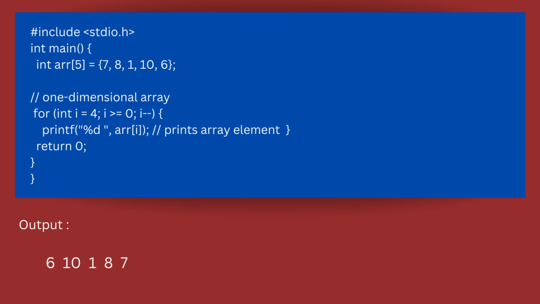Why? Because the first time it prints, it prints array of 4. That means array of 4 is, counting 0, 1, 2, 3, and 4, 6 is the fourth element. As it executes, it then decrements i, that means 3. Then again it checks the condition, 3 is greater than 0, it returns true, and as long as we get the true value, it will print the element at that index.